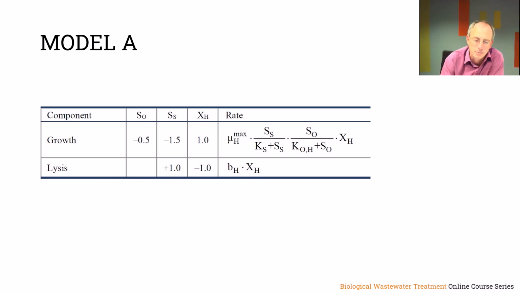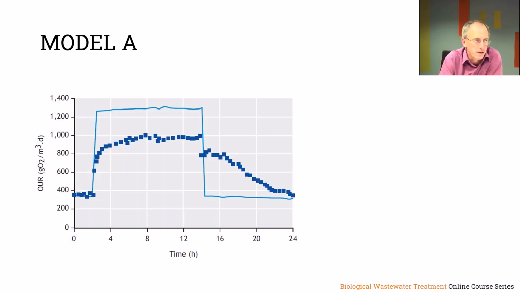We put that in a reactor model, and we can compare the respiration rate to the measured respiration rate. The line is in this case the model, the dots is the experiment, and you immediately see a little bit the advantage of just starting with a simple model, because you see that some parts of the dynamics are correct and some parts are not correct.